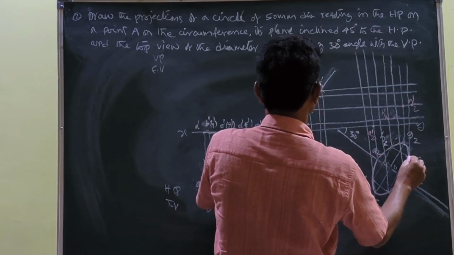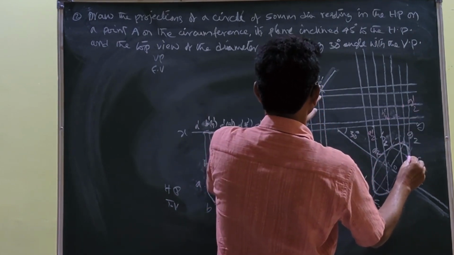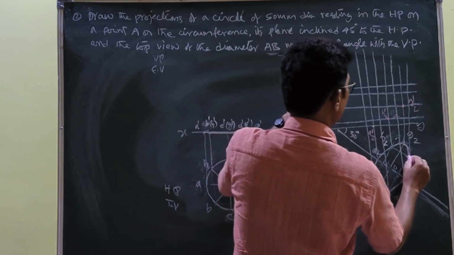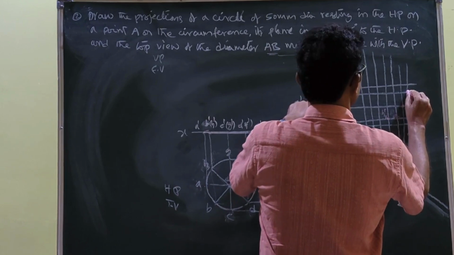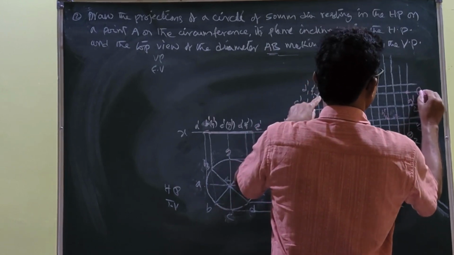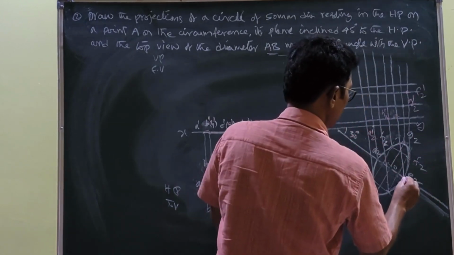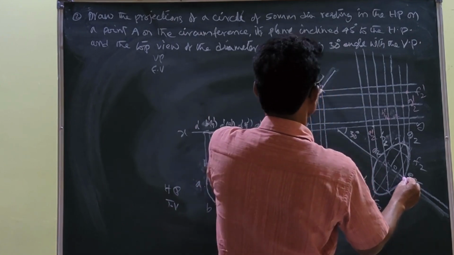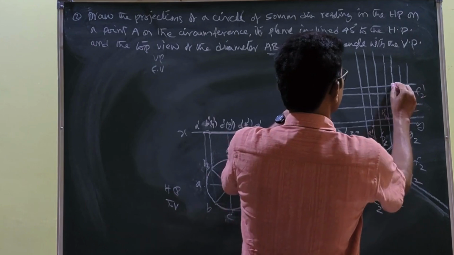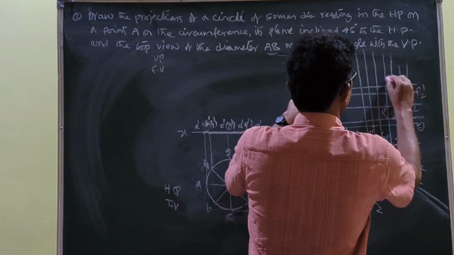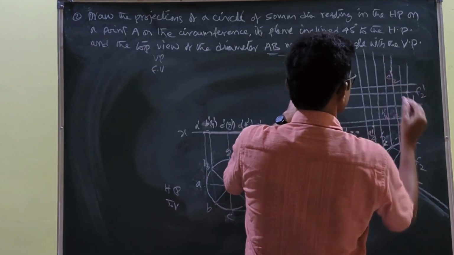Next F, they met here, this is the F2 dash. Next E, where is E? E is here, they met here, this is the E2 dash.